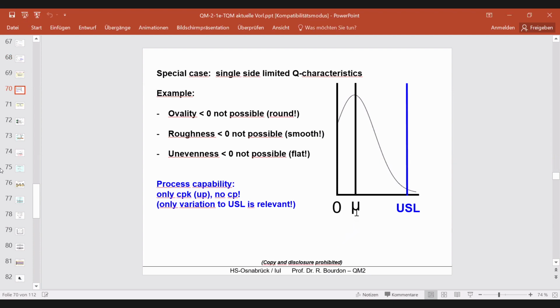The only thing is, maybe an option is to take the CP on half of the distribution, maybe here from the mu to the upper specification limit. You can perform this, but in most cases they only take the CPK, one formula with the upper specification limit.